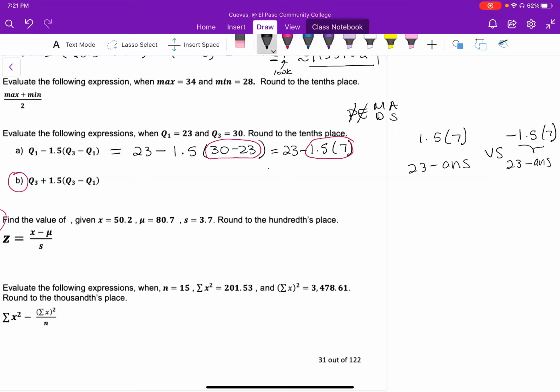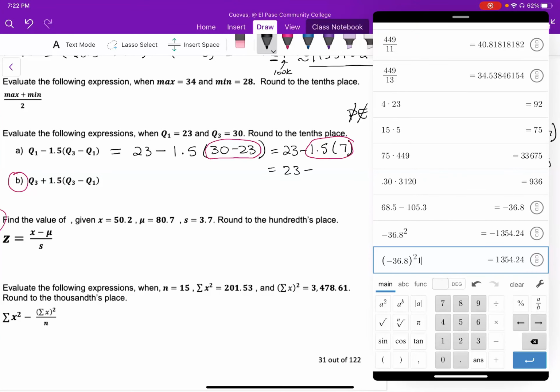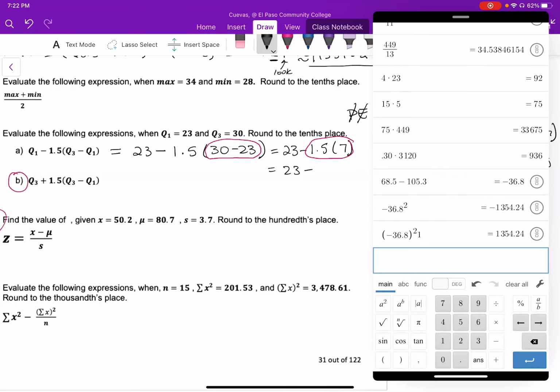So I'm going to have 23 minus, let's bring out our calculator, 1.5 times 7.